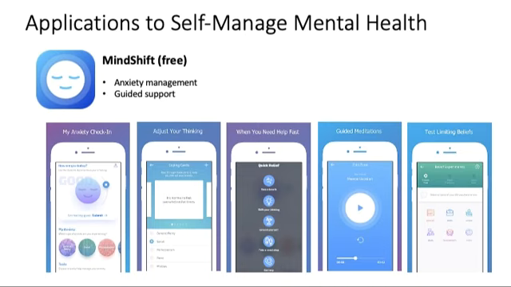MindShift is an example. I've used this before, and it helps with anxiety management, guided support, and deep breathing exercises. There's a number of mobile apps that are very similar. I'm not endorsing this one, but you can check some of these out. Most of them are free.